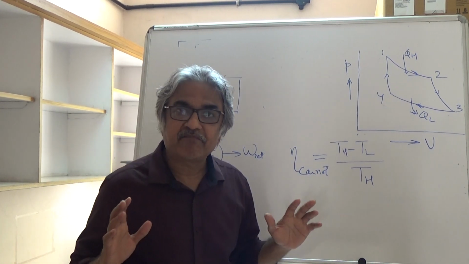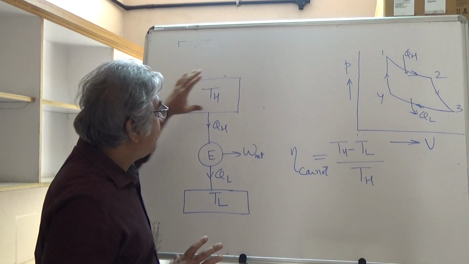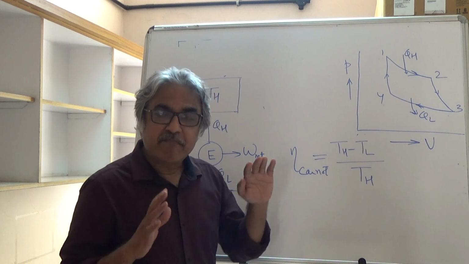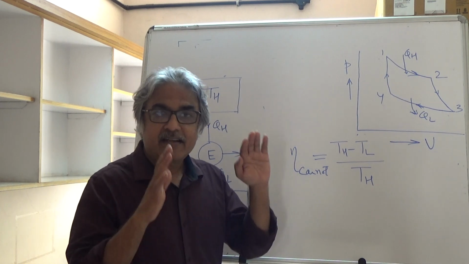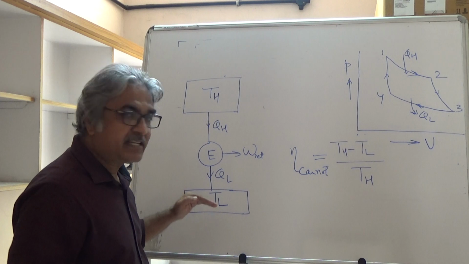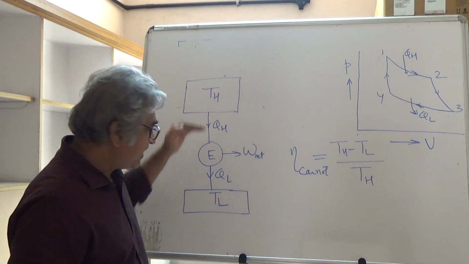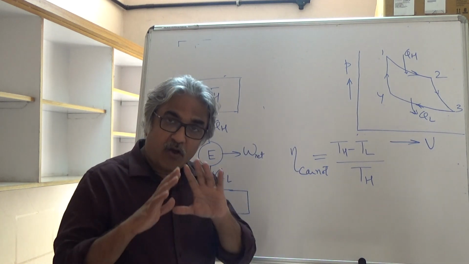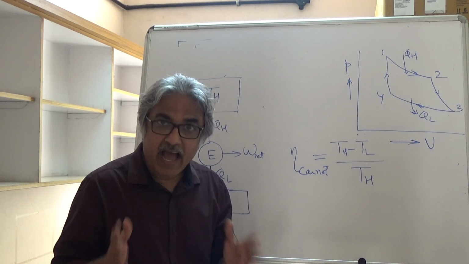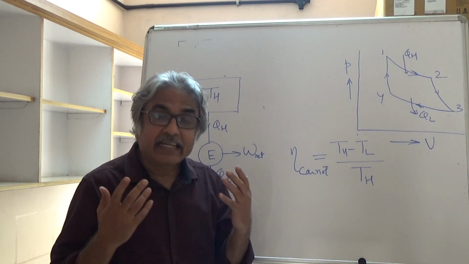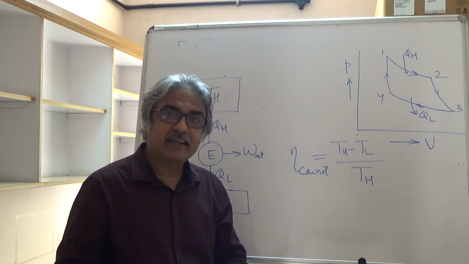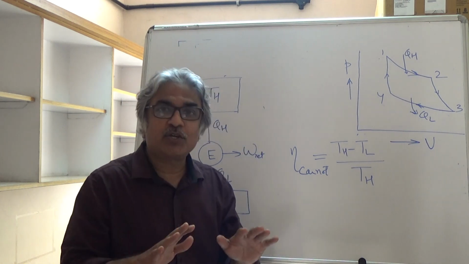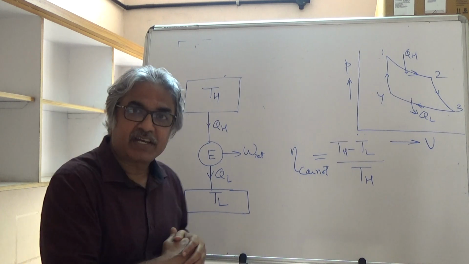That is the Carnot theorem. What it says is that of all the heat engines which are working between the fixed temperatures of source and sink, TH and TL, if there are many engines you can imagine, no engine will have efficiency greater than the Carnot engine or a reversible engine, one and the same, which is also working between the same temperature limits.